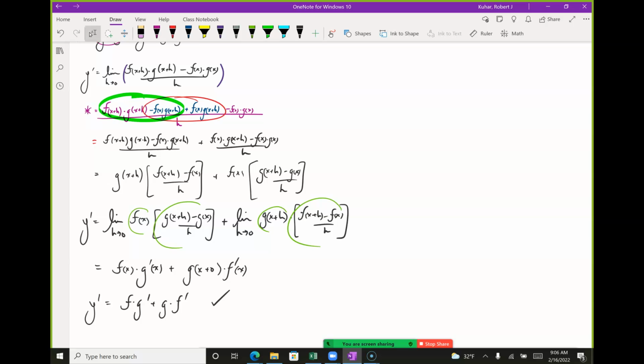Noel's a math major and Noah's a theoretical physicist, so both of you might want to try and prove the quotient rule. It's very similar. The rest of us can do nothing, go to lunch or something.